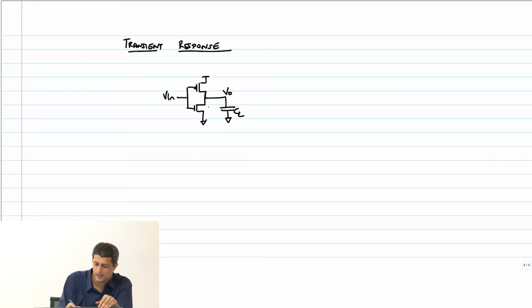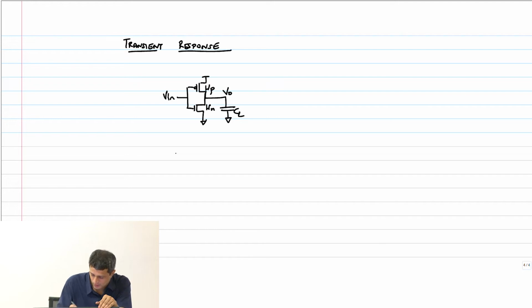Maybe I should draw the inverter again. CL, V in, V out, and this is my WN, WP.